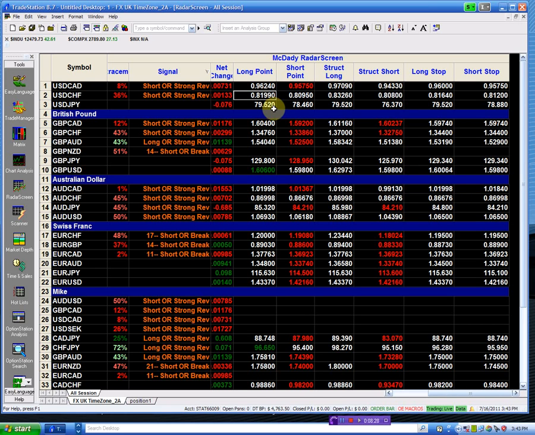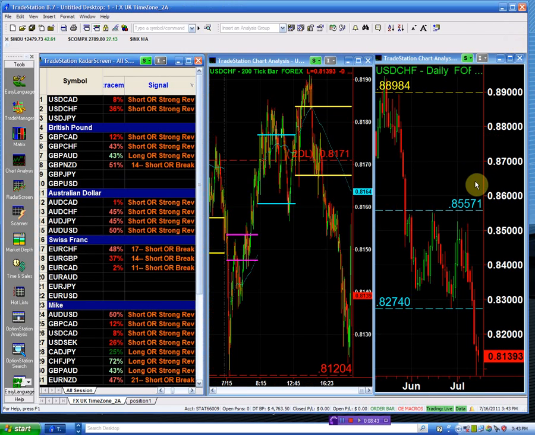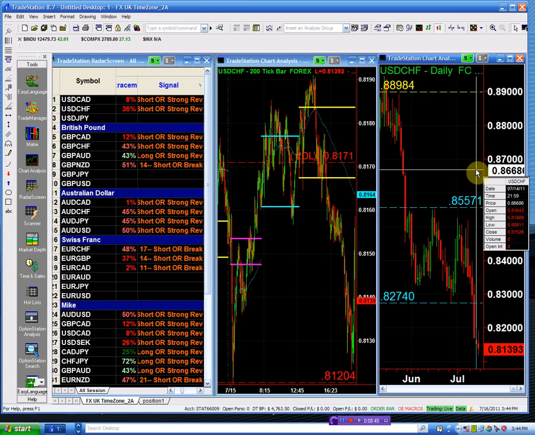On the short side, we're going to go short below 80.95, and our structure short is pretty much the all-time low, which is the, this seems to be wrong. No, it is right.